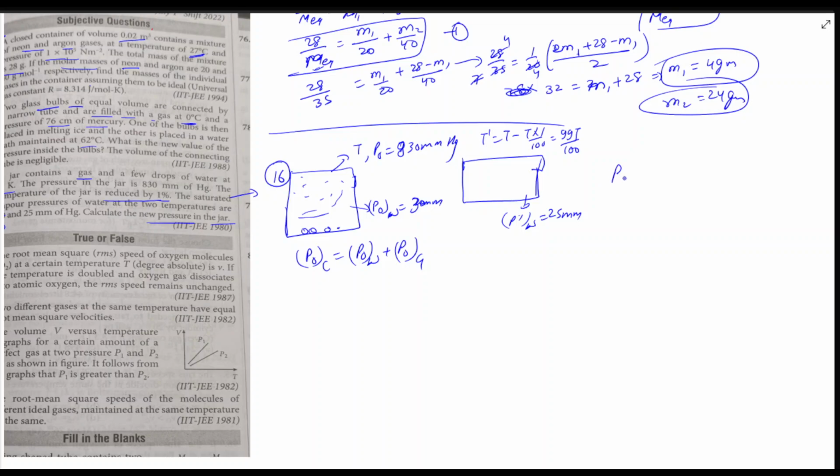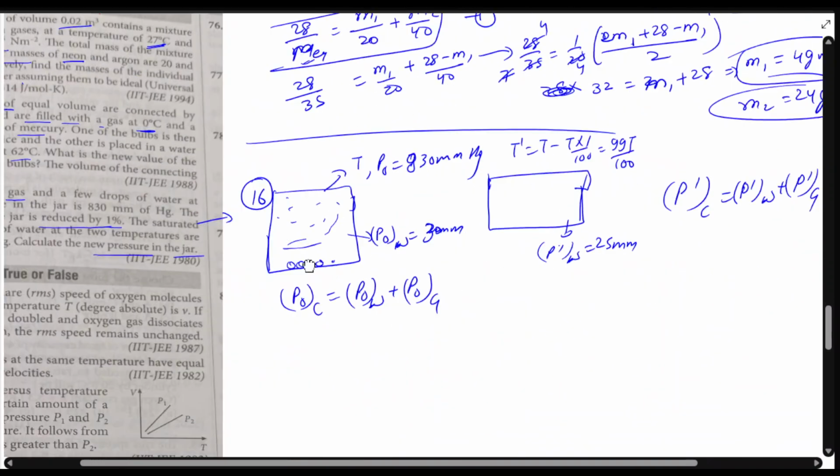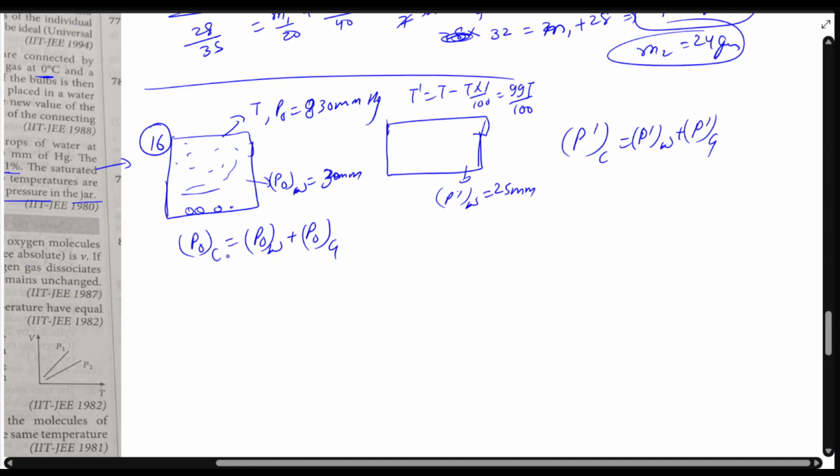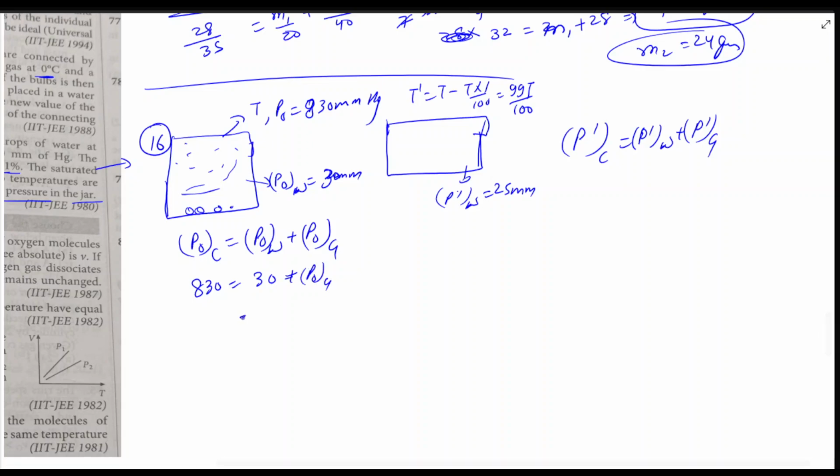Now for the final pressure, P dash of container will be equal to P dash of water, the new partial pressure of water, plus the new partial pressure of the gas, whatever it was. So what do we write here? It was 830 initially, and the partial pressure of water was 30 plus partial pressure of gas. So the partial pressure of gas becomes 800.